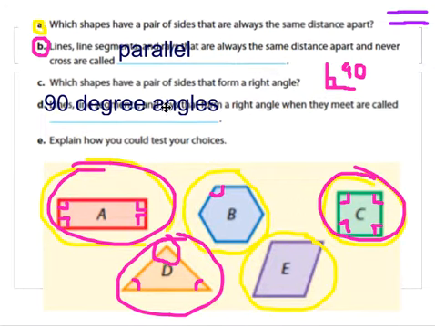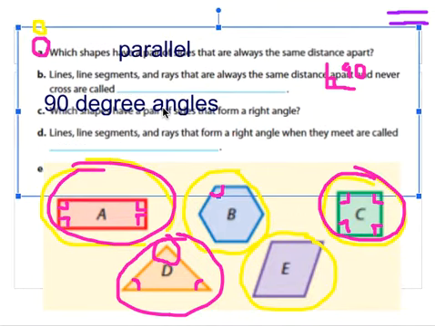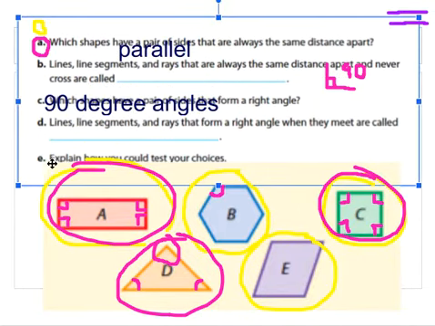All right, let's discuss the last one here. Explain how you could test your choices. We already talked about how we could test them, right? We can grab a square corner of some type, a 90-degree angle, on a Post-it note, or corner of your paper, anything that you know is a 90-degree angle, and you can fit it in there, all right?